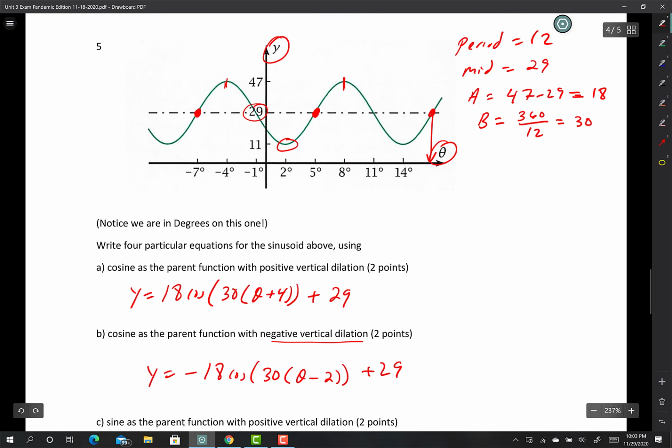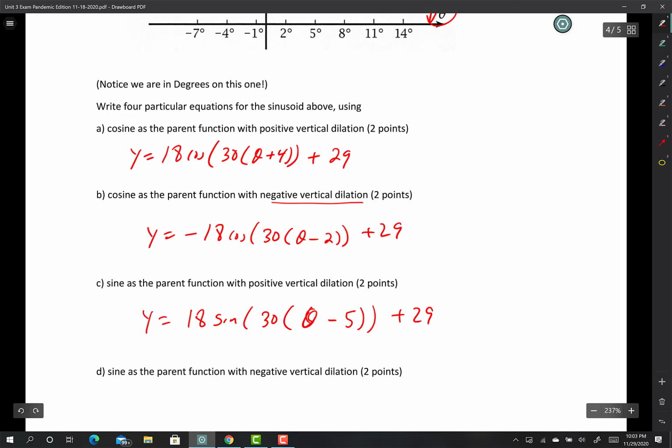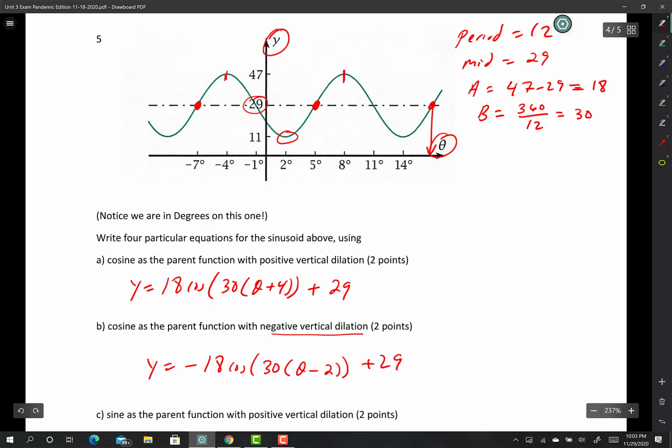There it is. And now I want to use it with a negative vertical dilation, so I need to use one changing from concave down to concave up, or you can say decreasing from left to right.